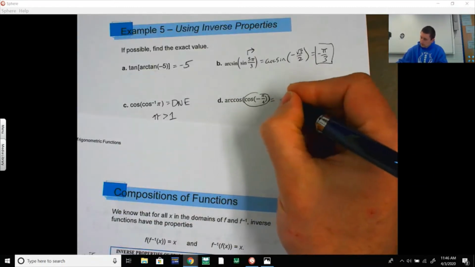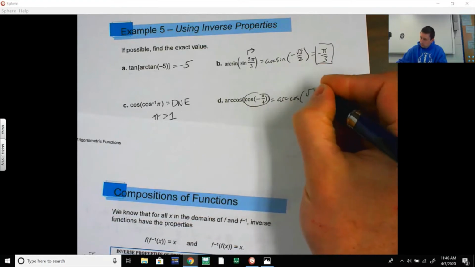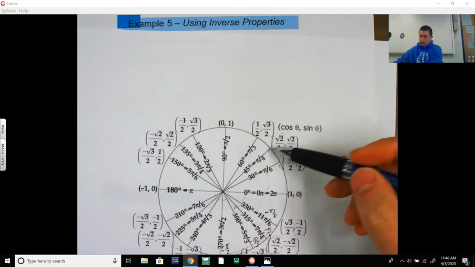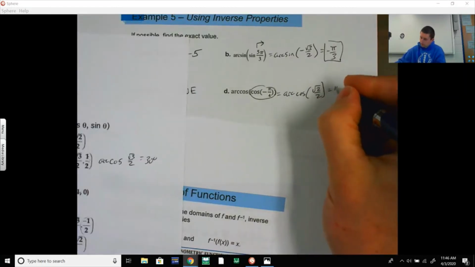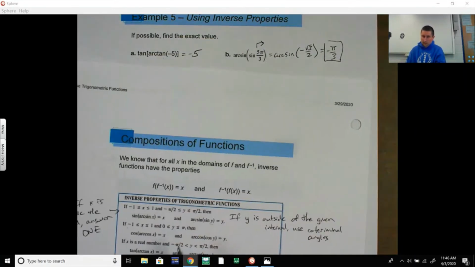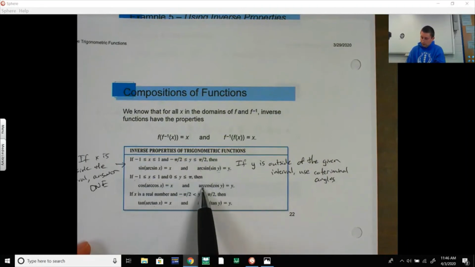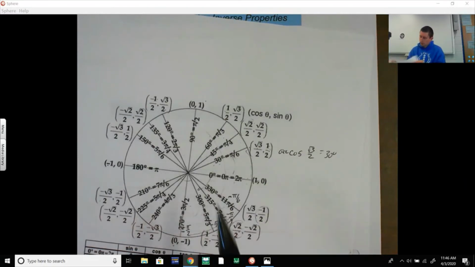So what this ends up being is the arc cosine of root 2 over 2. Now if you evaluate that, you have to use answers from these top two, which would be pi over 4. So check with this chart first, and if arc cosine is written first, make sure you're checking with your unit circle, and your answers are coming from the appropriate quadrants.